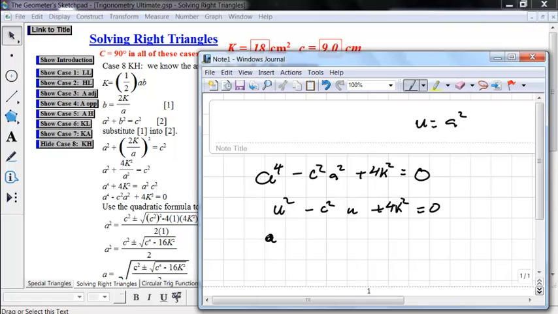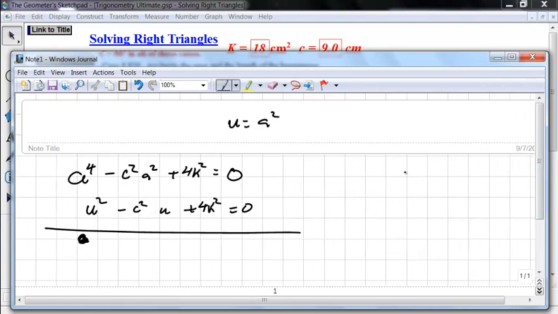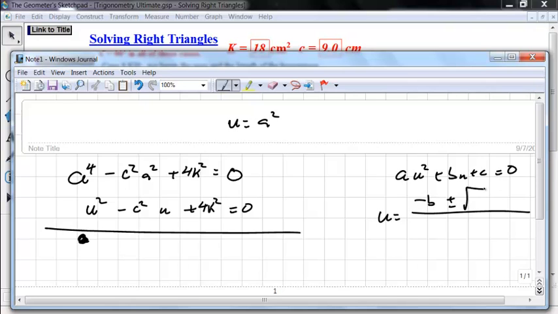We're using different letters for a, b, and c than we have above, but remember the quadratic formula. It says that if you have a u squared plus bu plus c equals 0, then you get u equals the opposite of b plus or minus the square root of b squared minus 4ac, over 2a.